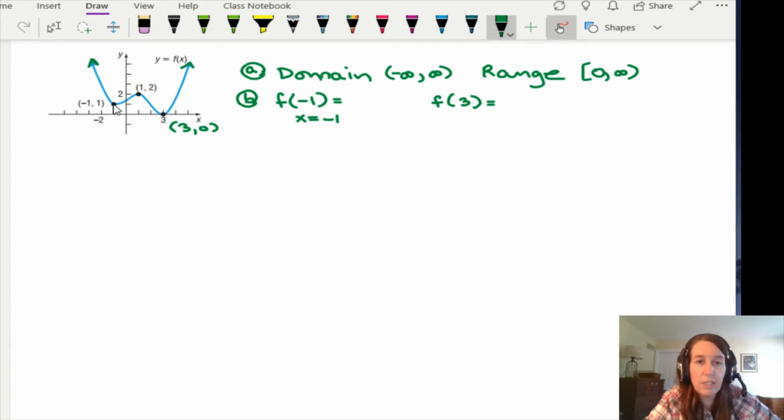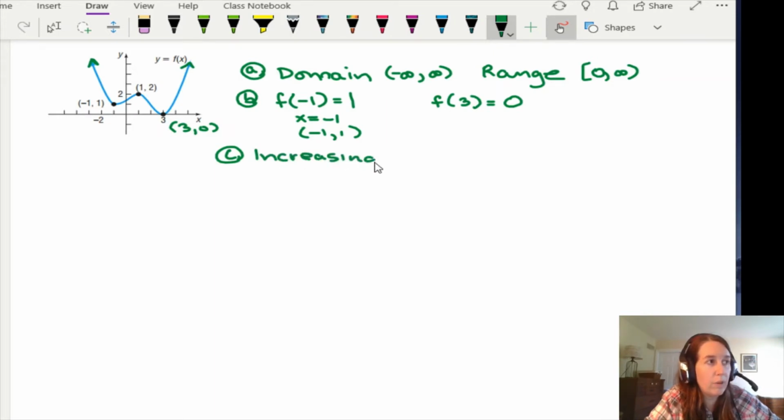Here x is -1, and the y value is 1. It is the same as saying the point (-1, 1). The f of 3 says when the x value is 3, what is the y value? So that's (3, 0).